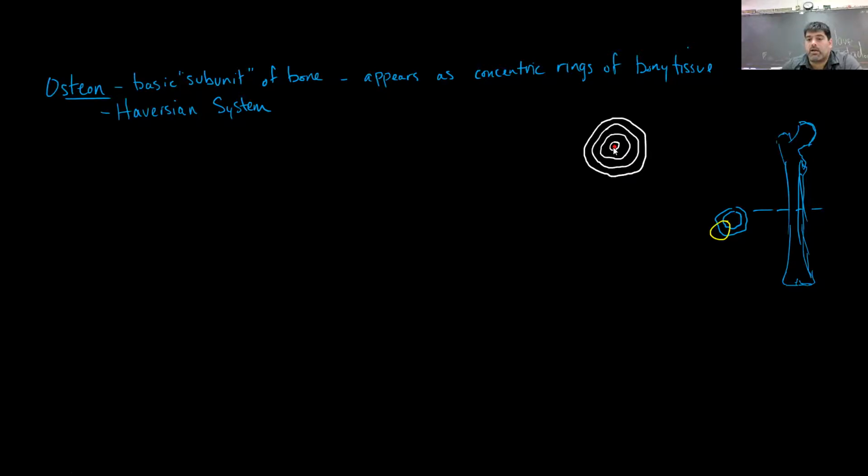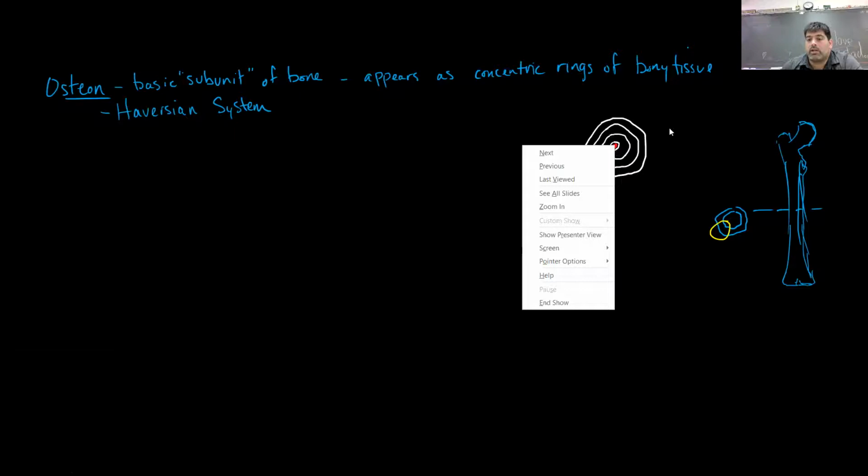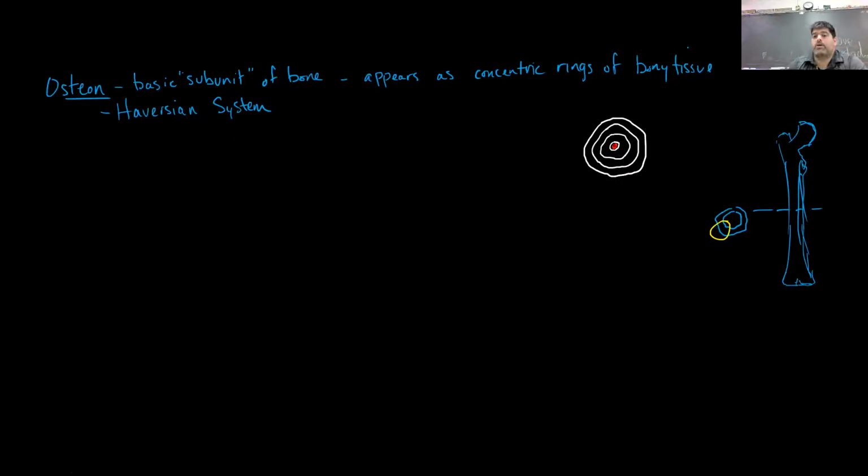I'm highlighting it red because that's going to be the place where we see a blood vessel passing through. So I'll make a note of that. And we call that space the Haversian canal.